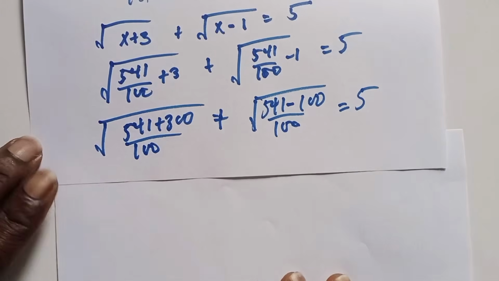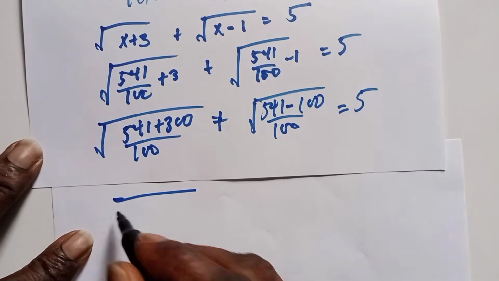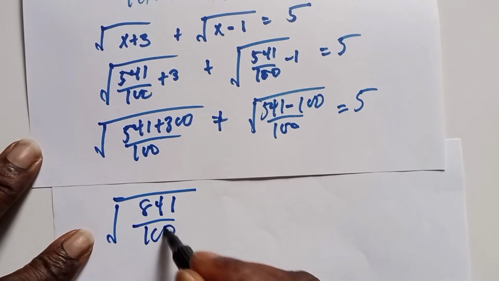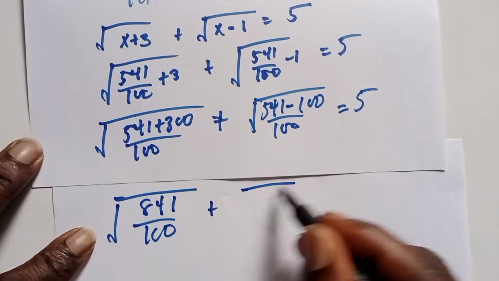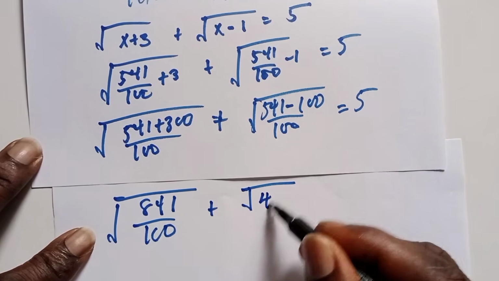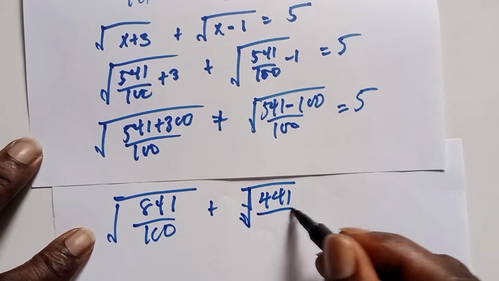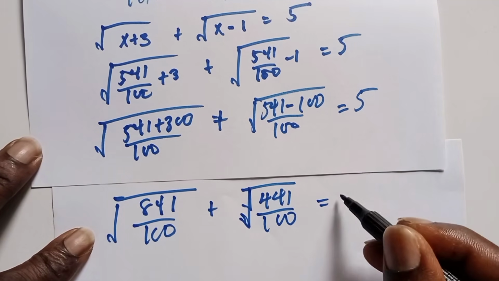So from here we have root 841 divided by 100 plus root 441 divided by 100 is equal to 5.